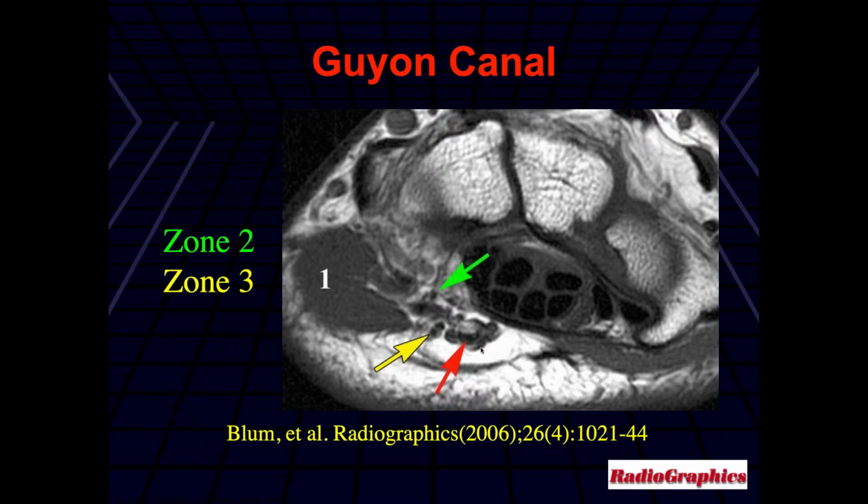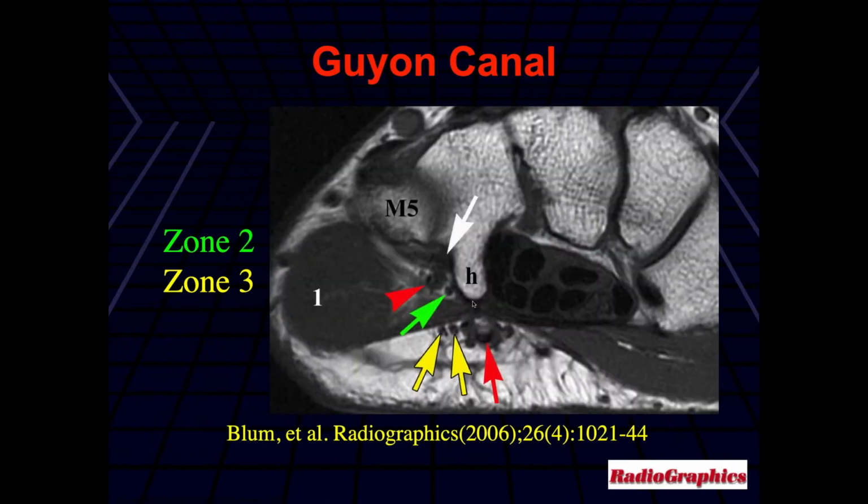If we go a little bit more distally, again we can see the artery and veins, and then we've got nerves going deep, in the deep part of Guyon's canal, and the superficial portion of Guyon's canal, external to the carpal tunnel area. Then if we go further, we're at the level of the hook of the hamate.